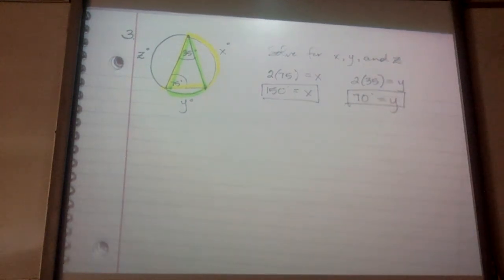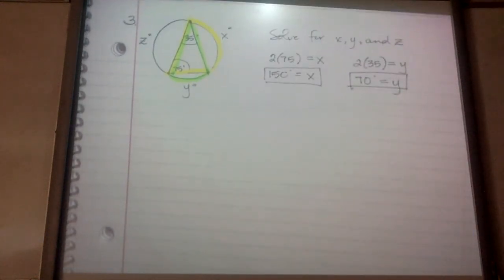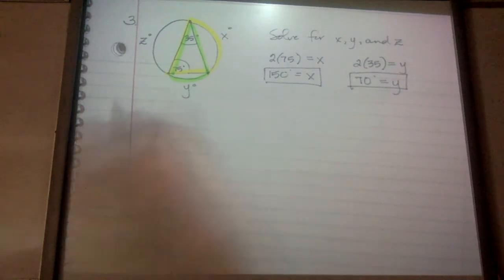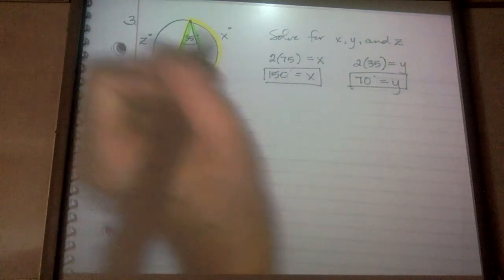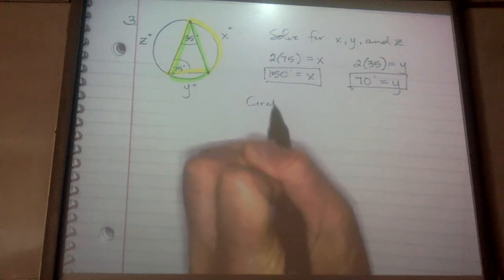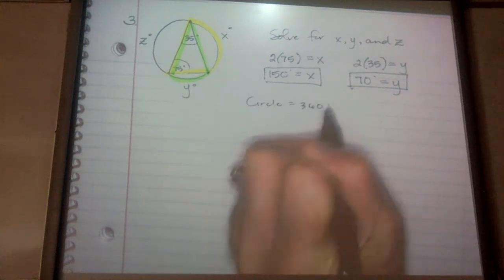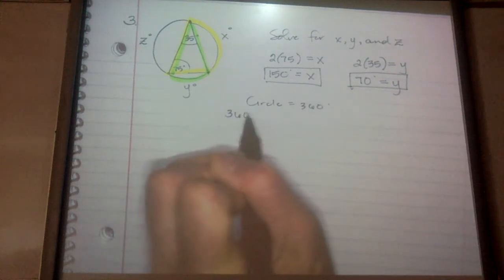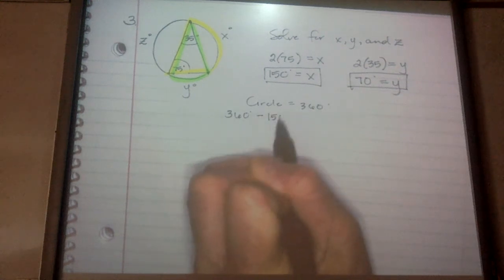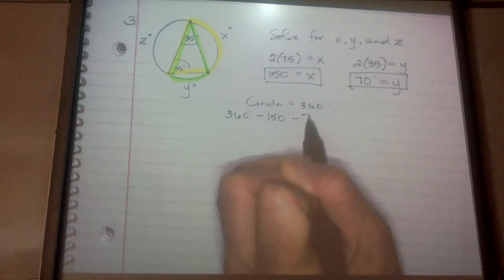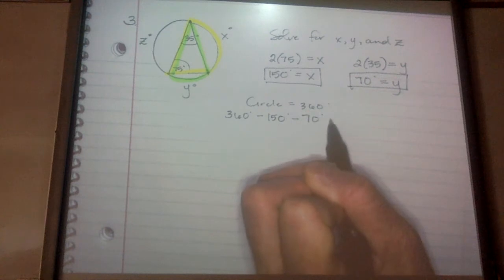Now how to solve for z? Z is very simple, right? An entire circle equals 360 degrees. So 360 minus x, which is 150, minus 70 will equal z.